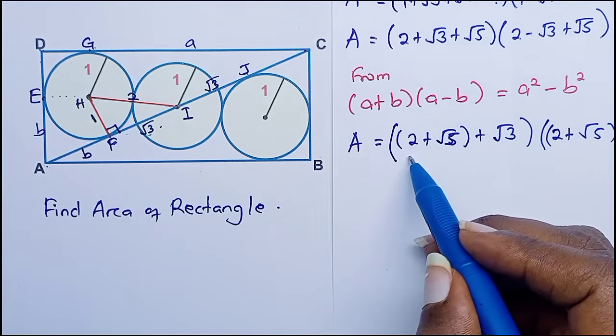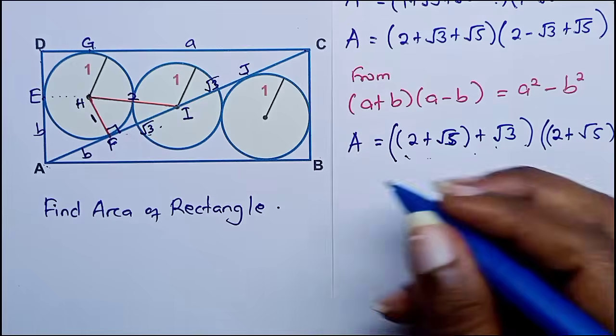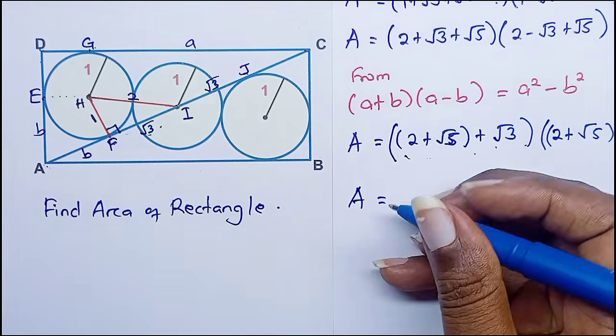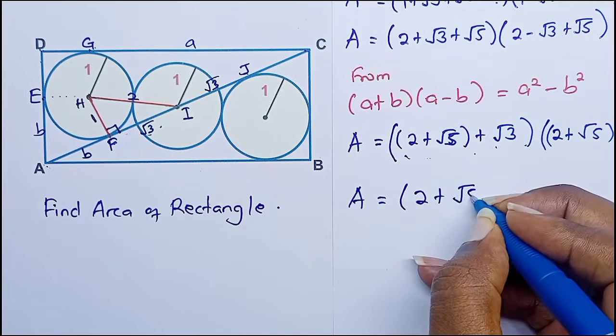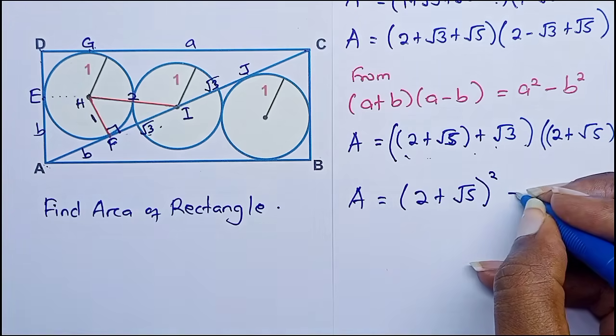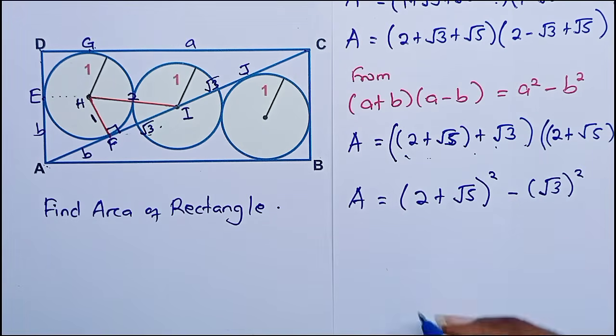So now this is acting as our A and this is B. So this will be equal to 2 plus root 5 squared minus our B, which is root 3 squared.